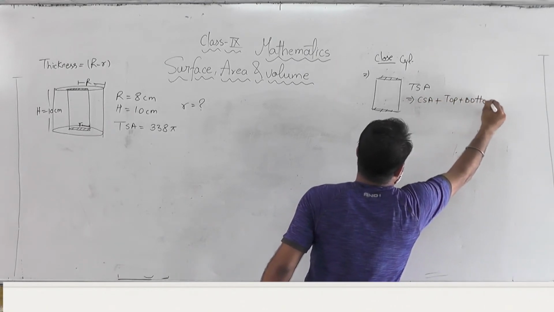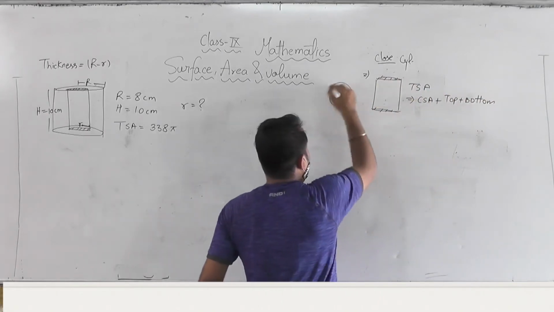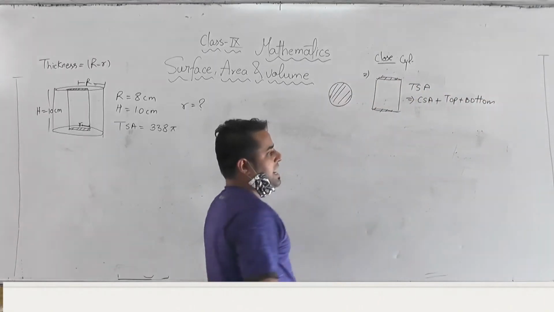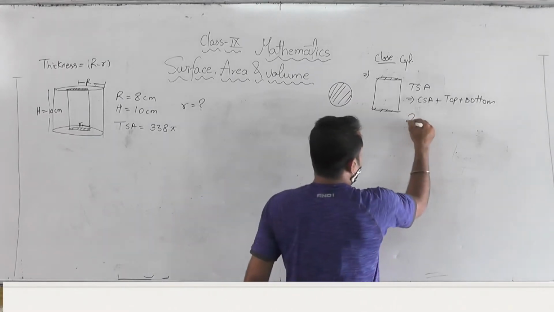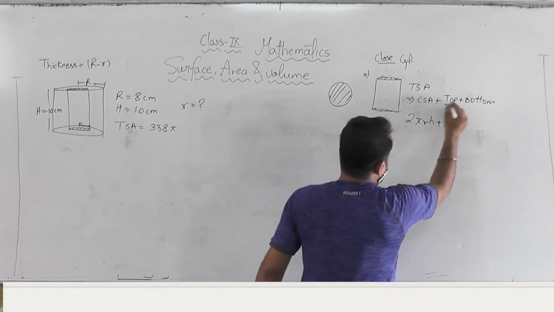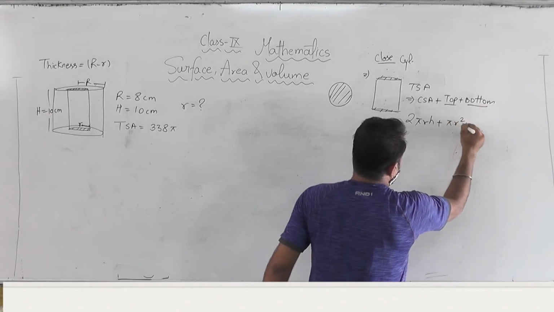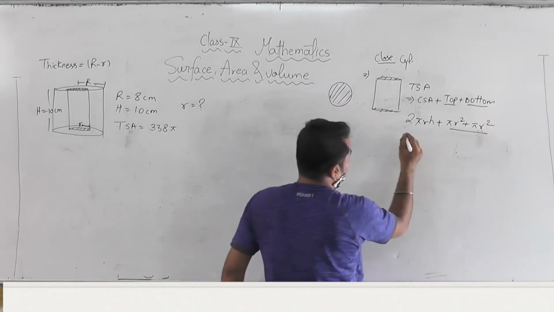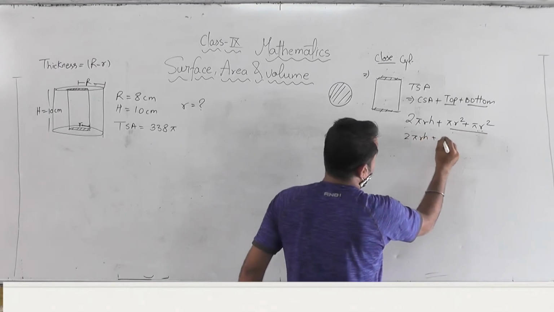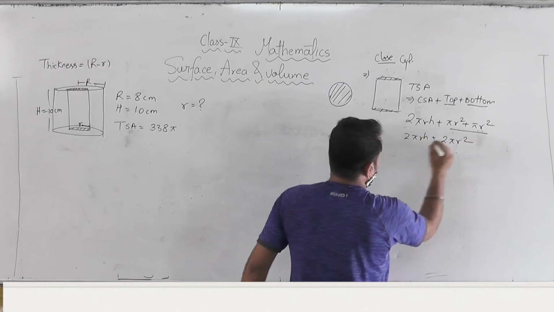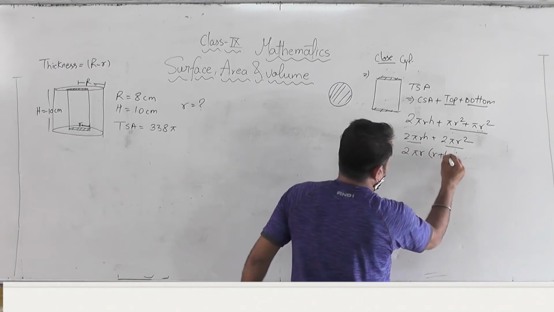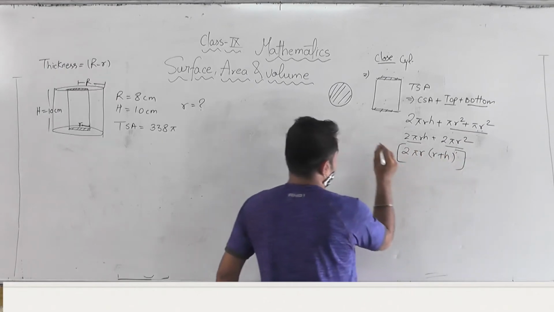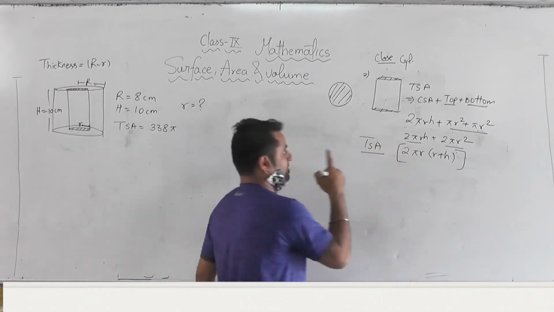Now remember, the top and bottom are circles only, and the area of a circle, you all know, is pi r square. So the CSA is 2 pi r h and top and bottom both pi r square, so 2 pi r square will be added to this CSA. We will take 2 pi r common. So 2 pi r (r plus h) will be the TSA of a closed cylinder. Remember this.